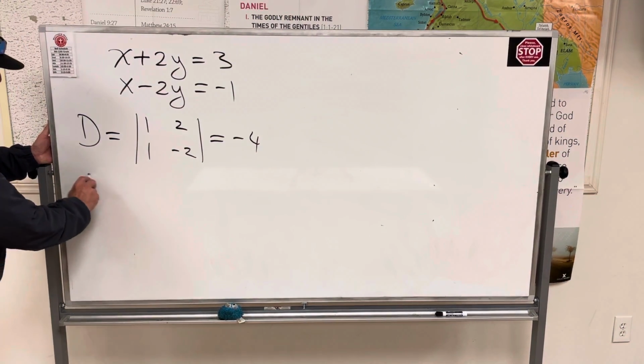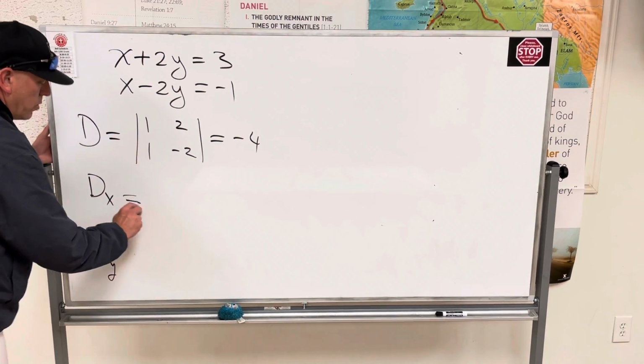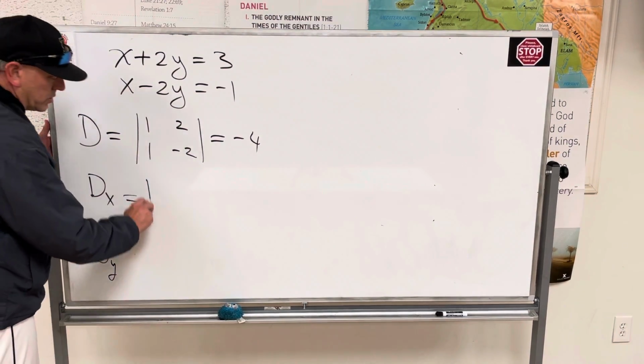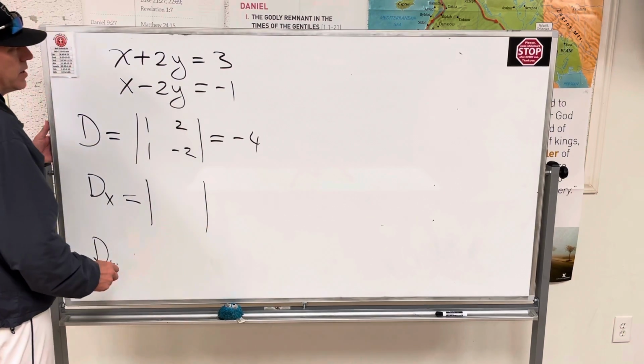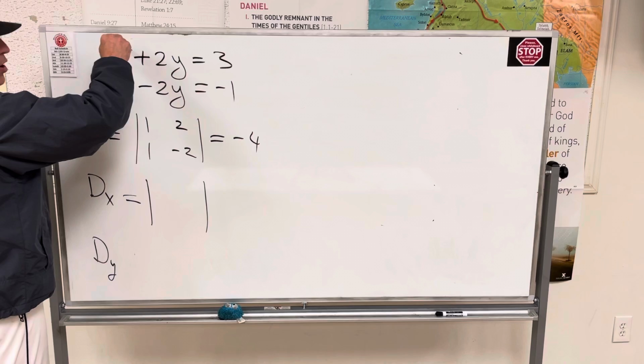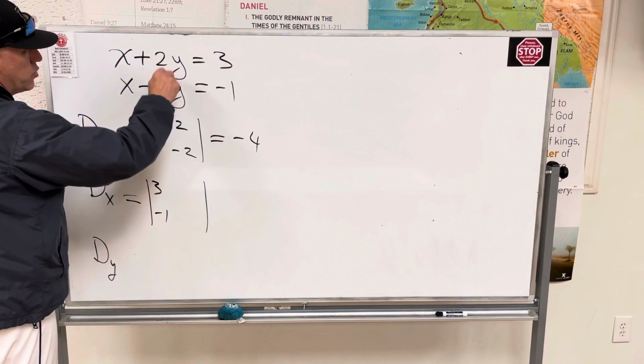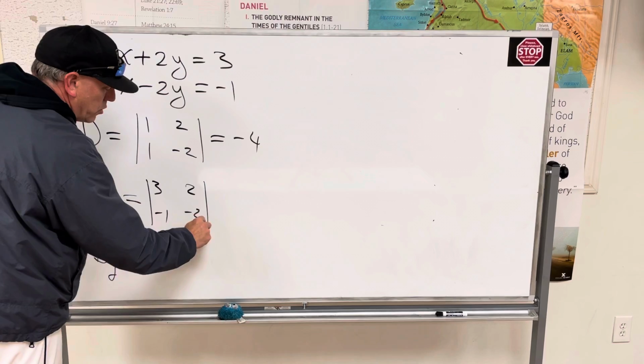Now, there's another 2 determinants here, dx, dy. And the way dx functions is that when you write the determinant, you take the answer set, 3 minus 1, and you put it over here. So it goes 3 minus 1, and then you leave those the same, 2 minus 2.